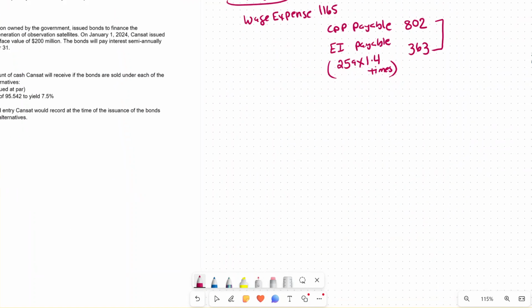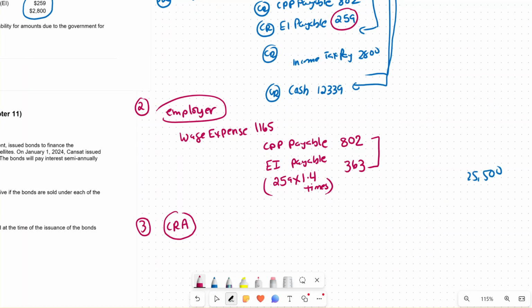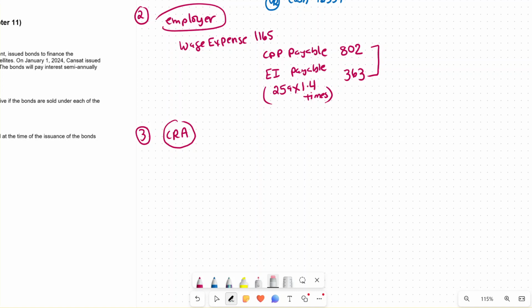I could also be asked for my third entry, which will be submitting everything to the CRA. How are you going to do that? You're going to submit the three deductions to the CRA. You debit your CPP payable, EI payable, and income tax payable, and credit your cash.